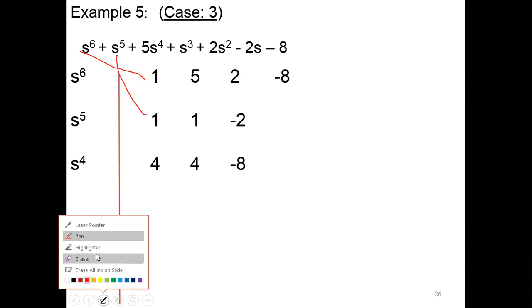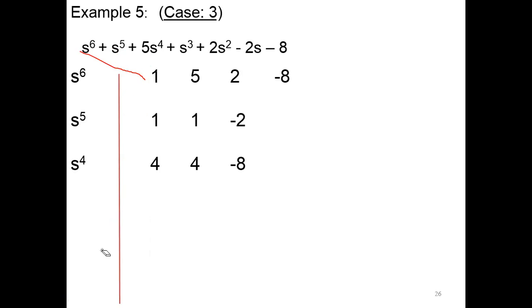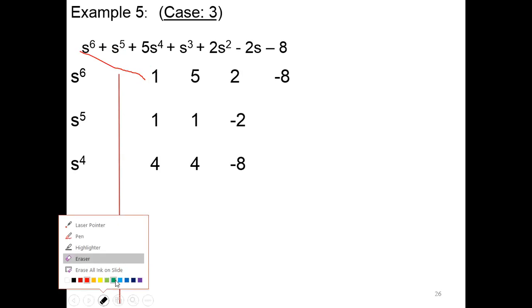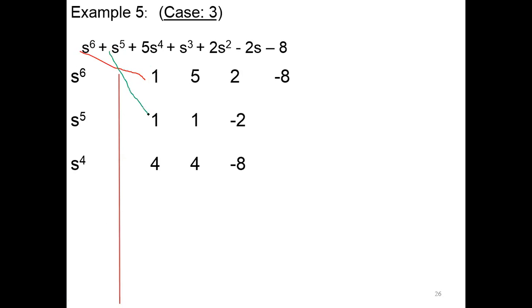Let's draw it in another color due to overlapping. 1, 1 and this minus 2 here. 5 will be here and 2, minus 8. So we have made 2 rows.